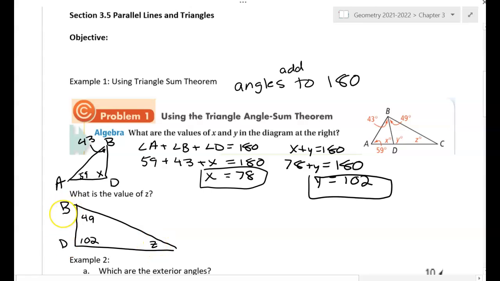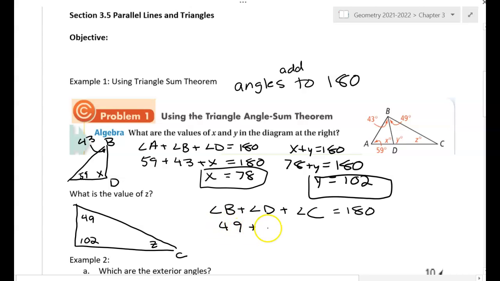This is D. Here's the angle up at B. So angle B plus angle D plus angle C is going to equal 180 by your Triangle Sum Theorem. Plug in what you know. 49 plus 102 plus z equals 180. And again, just subtract your 49 and your 102 from 180. I got 29 degrees.